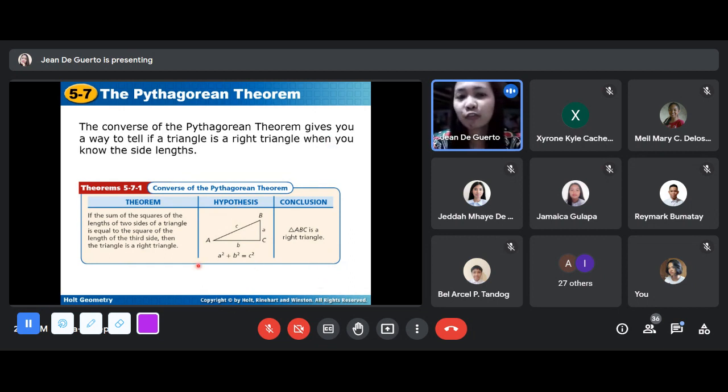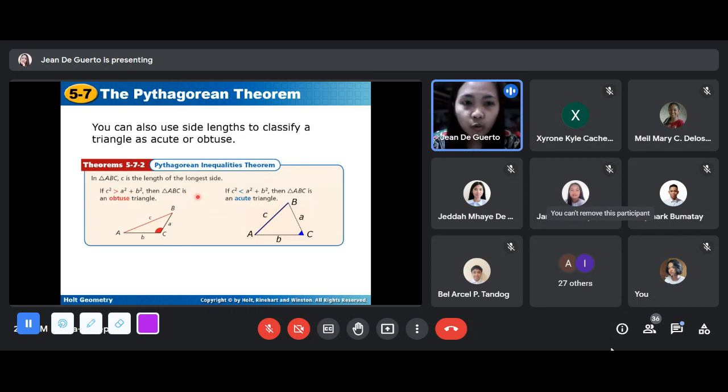Hindi sila, yung converse ng Pythagorean theorem is not false statement. Kasi there are some theorems na pag kinuha mo yung converse niya, it would become a false statement. So, sa case ng Pythagorean theorem, its converse is a true statement. Okay?